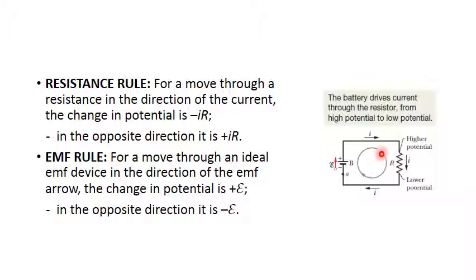But if I assume that the current is in the opposite direction, the current enters the EMF from the positive to the negative. In this case, the value of the EMF in the loop would be negative E, not positive, because I'm going from positive to negative, not from negative. Okay?